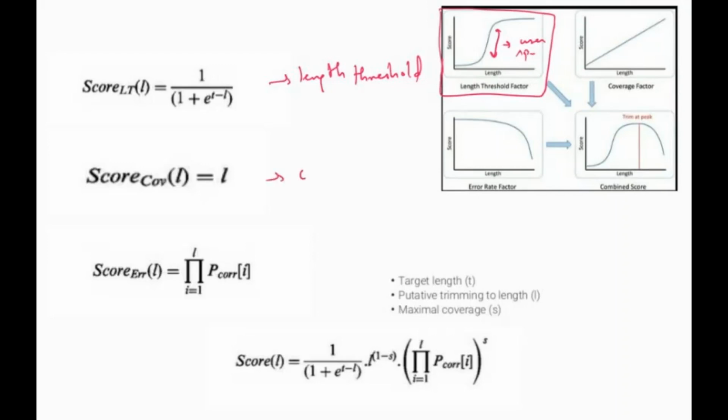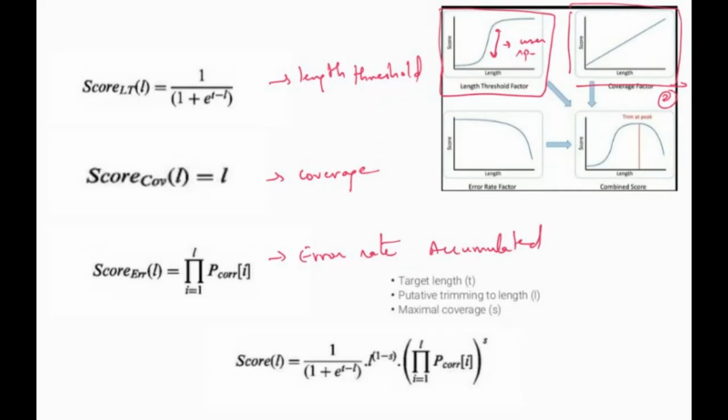The second factor models coverage and provides a linear score based on retained sequence length. So a longer read with high accuracy bases contains more information that is useful for applications. The final factor models the error rate and uses the error probabilities from the quality scores to see the likelihood of errors accumulated over the read.